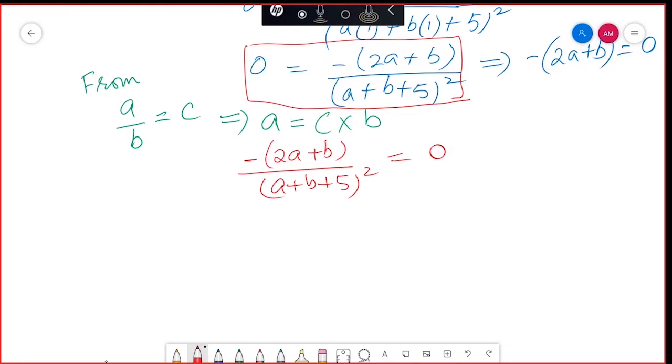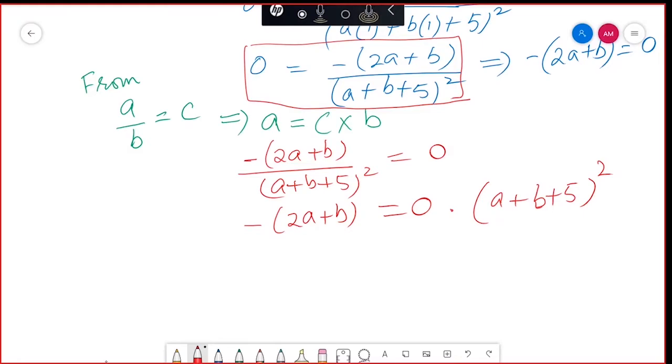So minus 2a plus b would become 0 times a plus b plus 5 whole square.